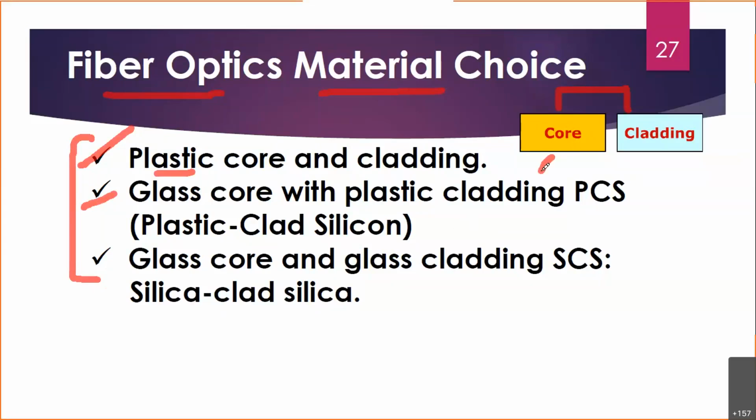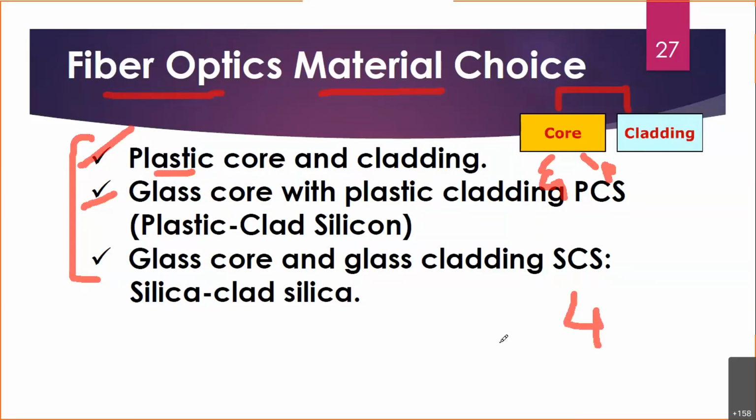This core part you can make with glass, or you can make it with plastic. In the same way, this cladding you can make with glass or with plastic. So you see, there are two choices for the core, and even in the cladding we have two choices. So if you look at the total possible combinations, there are 4 possible combinations.